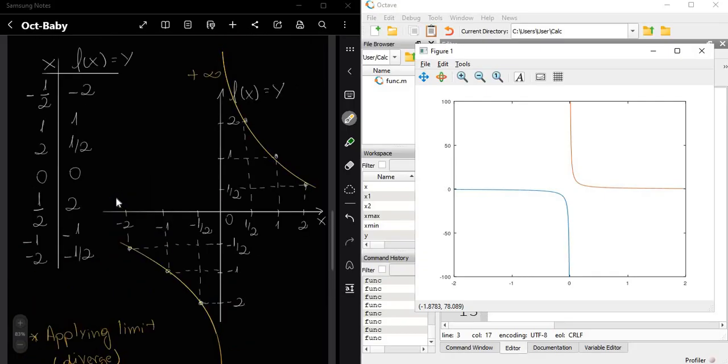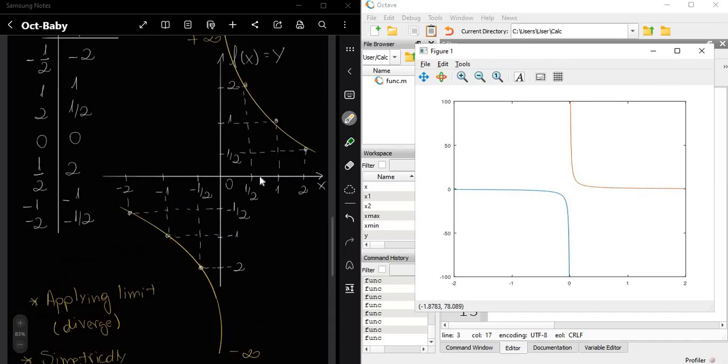And again, what is interesting about this function is that before we get into the limit discussion, we saw this function, because right here is where we can start to discuss limits.